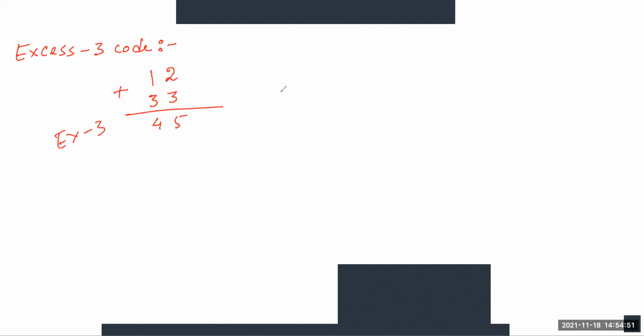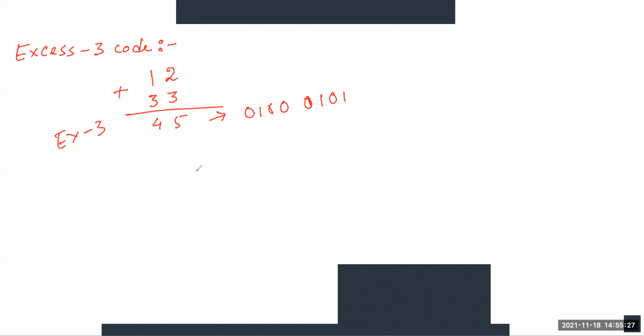Now you can also express it in BCD form. In that case the answer is 0100 0101. So this is the XS3 code of 12.